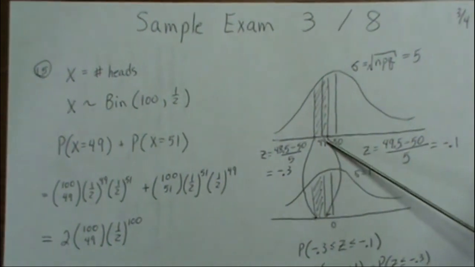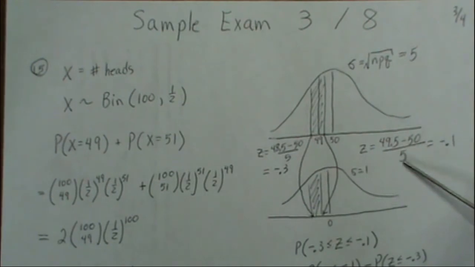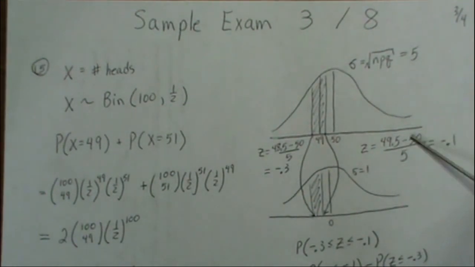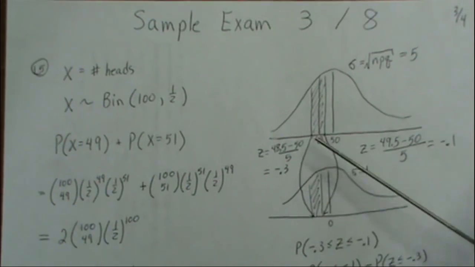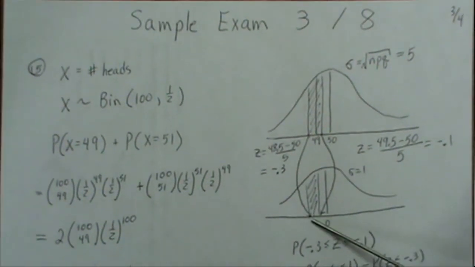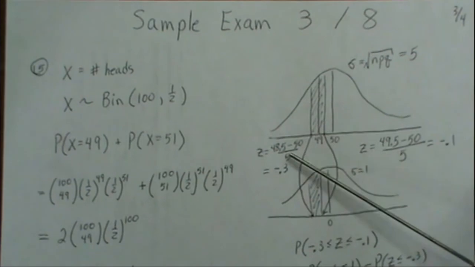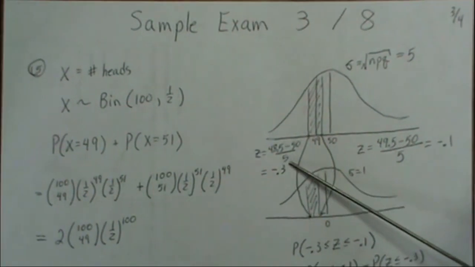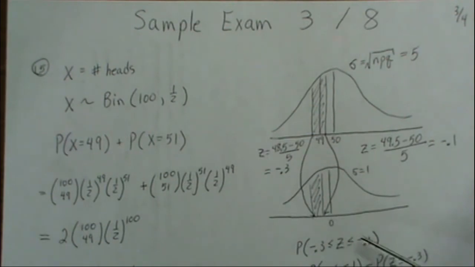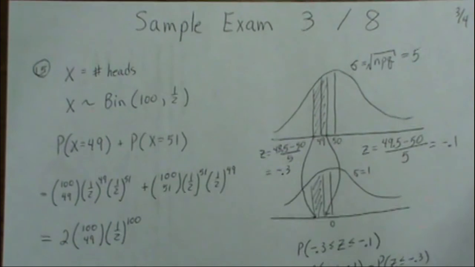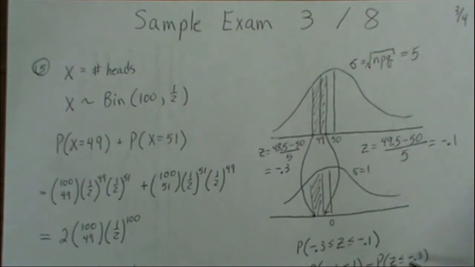So 49.5 minus 50 divided by the standard deviation of 5 goes to minus 0.1, and this point here goes down to negative 0.3, so 48.5 minus 50 divided by 5. Now if we look in a Z curve, mine is cumulative, so it is the probability of being less than minus 0.1, and then subtract off this probability, which is 0.0781.